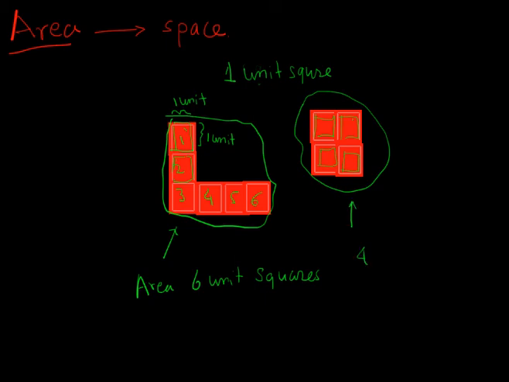These are 4 unit squares. So here we get the idea which area is greater. Obviously 6 unit squares are greater than 4 unit squares. So area gives us the idea that 6 unit squares are greater than 4 unit squares.